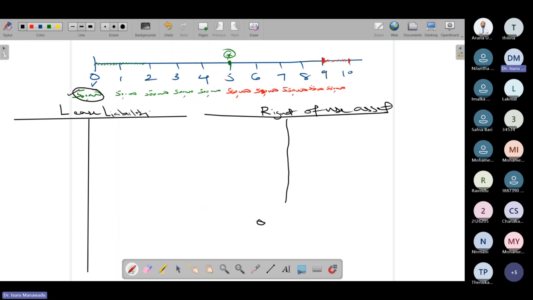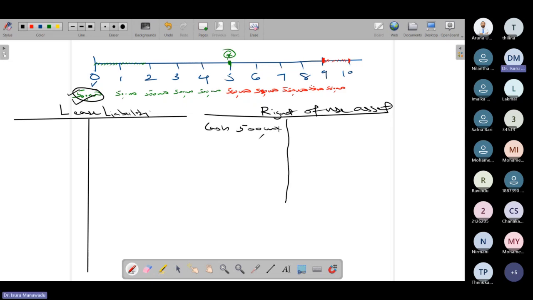That's similar to a down payment. So we'll write it like this. Cash credit, right of use asset debit. Theoretically, that's correct.